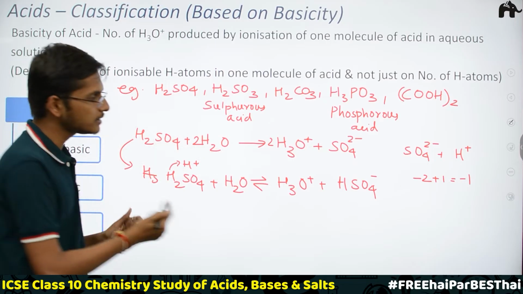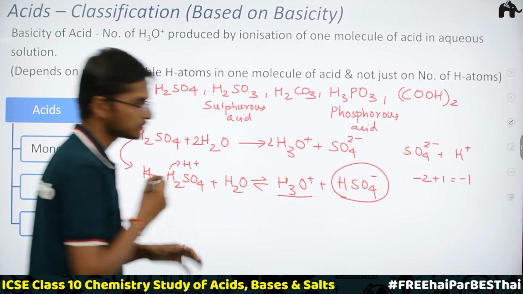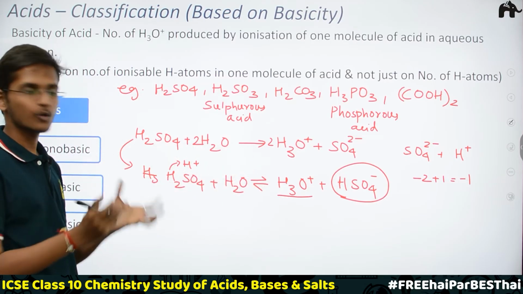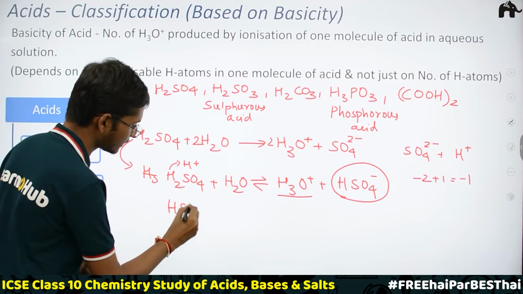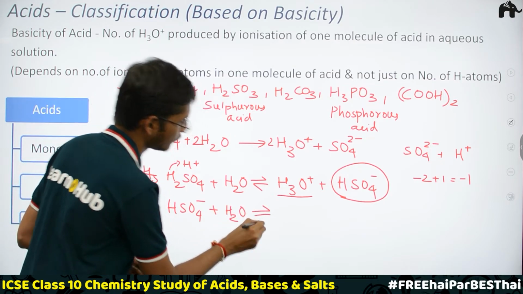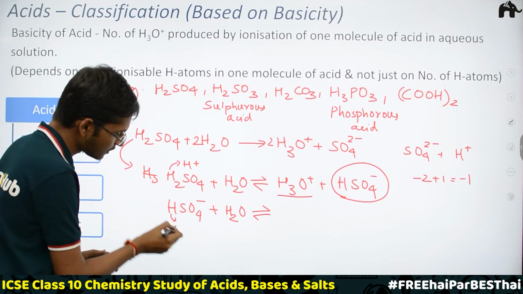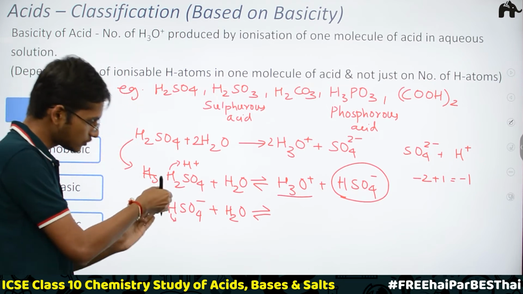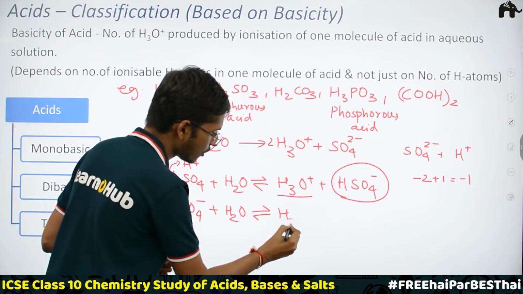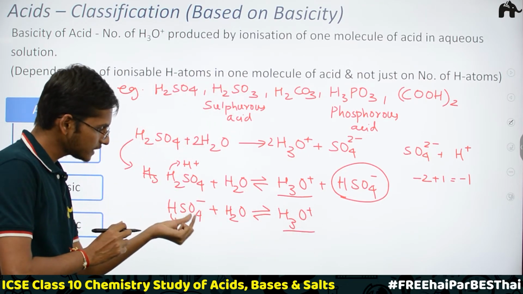In the second step, what would happen? Here 1 H3O plus is formed. Now this HSO4 minus ion would again come into play and get ionized. This H plus would go to the water molecule and form H3O plus. What would be remaining now?